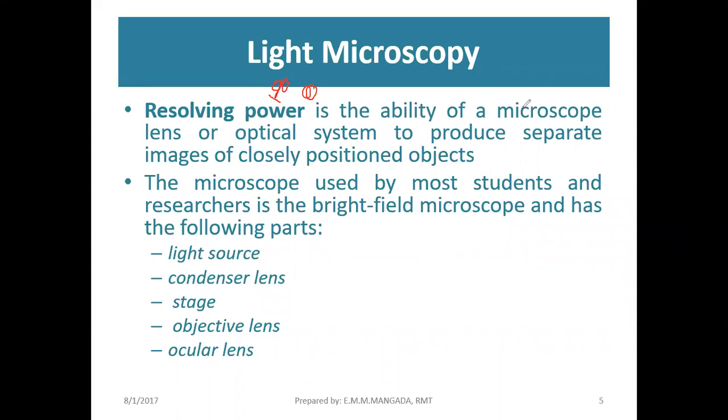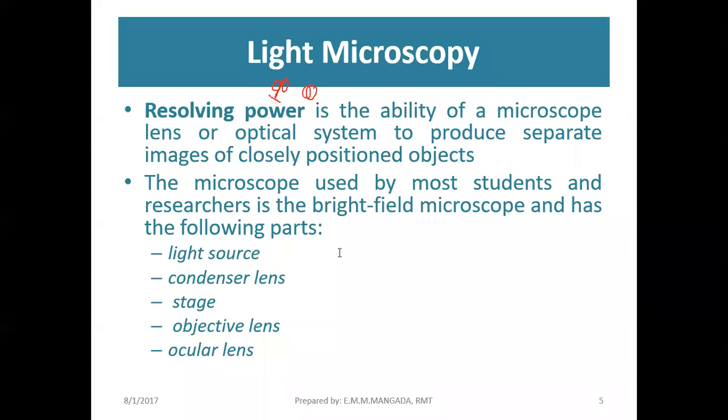Okay, but with the use of your microscope, makikita mo na they are really separate objects. Okay, so that's the resolving power. It denotes that the smallest detail a microscope can resolve. Okay, so guys, there are these things that you have to remember. We have the difference between your resolution and your magnification.